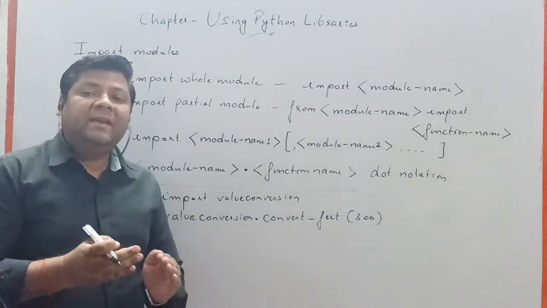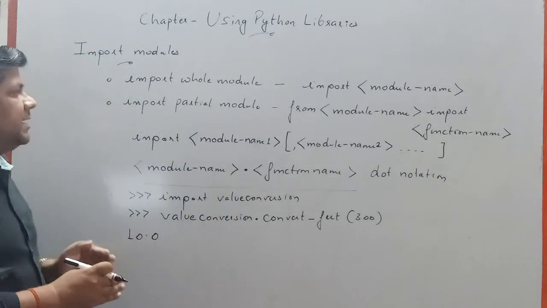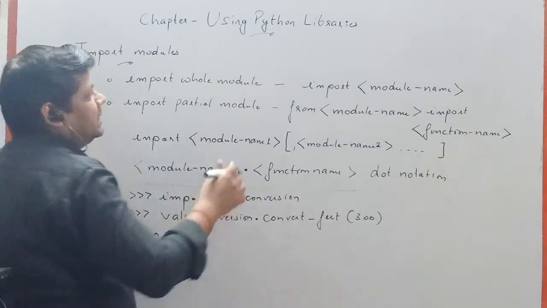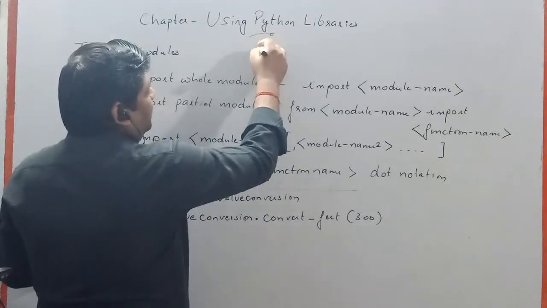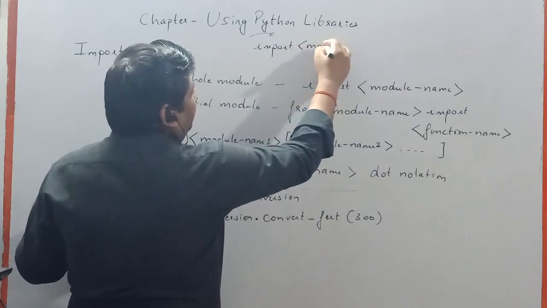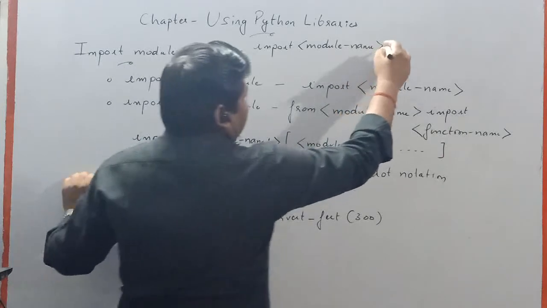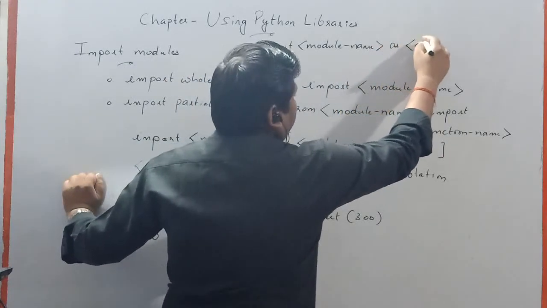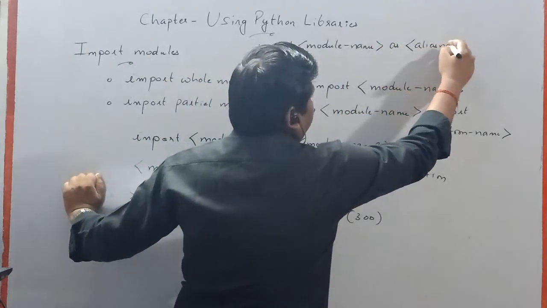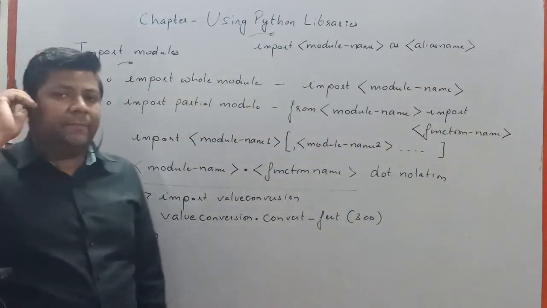Also we can rename modules. In order to rename a module, we have to follow the syntax: import module name as alias. As you know, alias is a false name, another name.